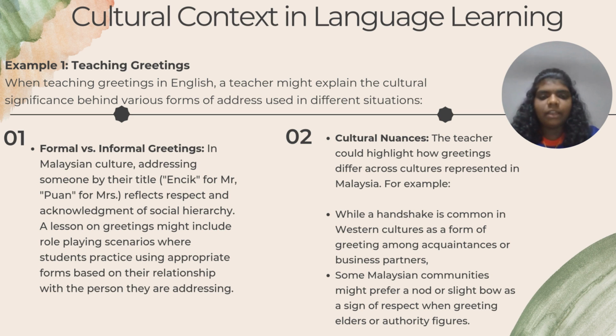For example, while a handshake is common in Western cultures as a form of greeting among business partners, some Malaysian communities might prefer a nod or a slight bow as a sign of respect when greeting elders or authority figures.